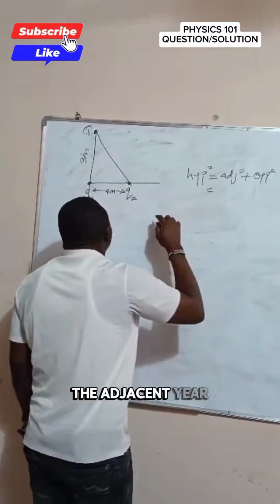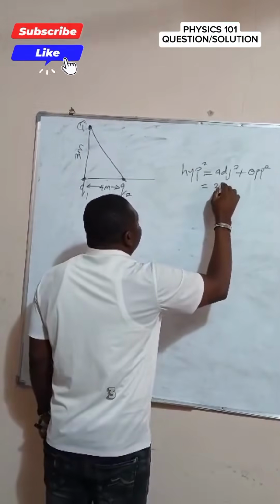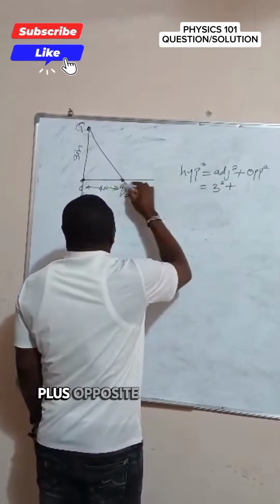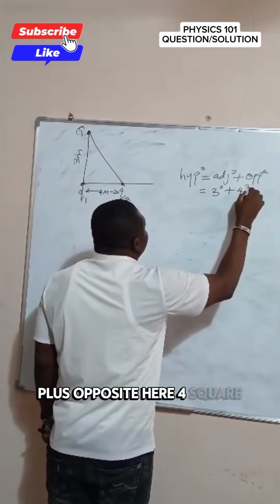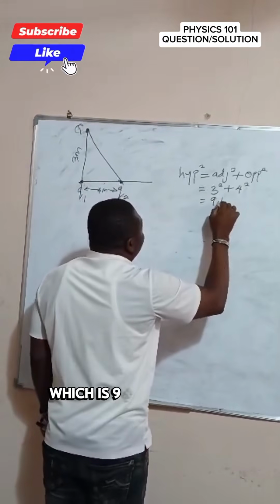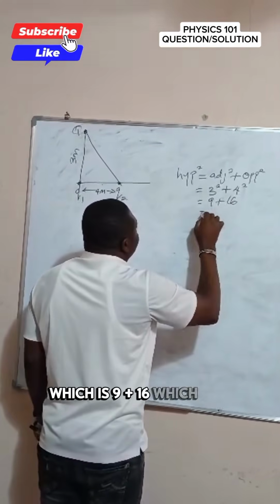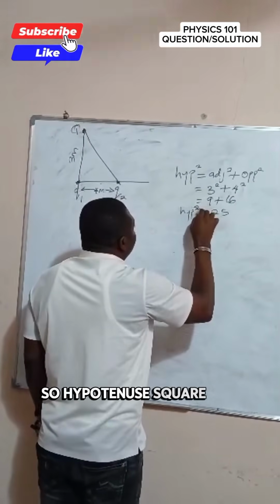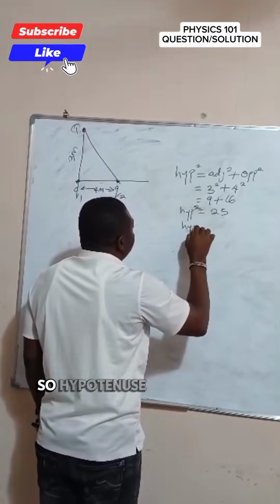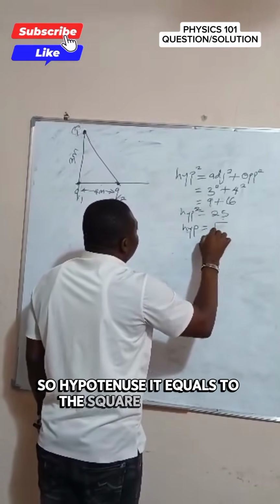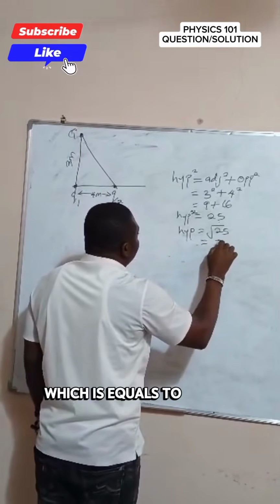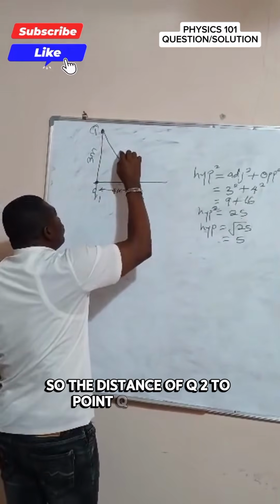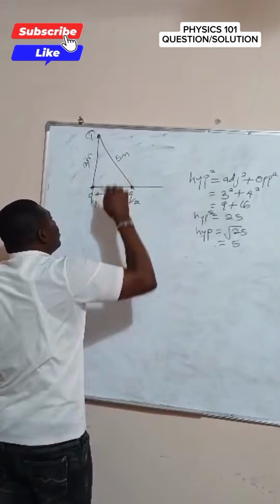The adjacent here is 3 square plus opposite here 4 square, which is 9 plus 16, which is 25. So hypotenuse square is 25. So hypotenuse is equal to the square root of 25, which is equal to what? 5. So the distance of Q2 to point Q is 5 meters.